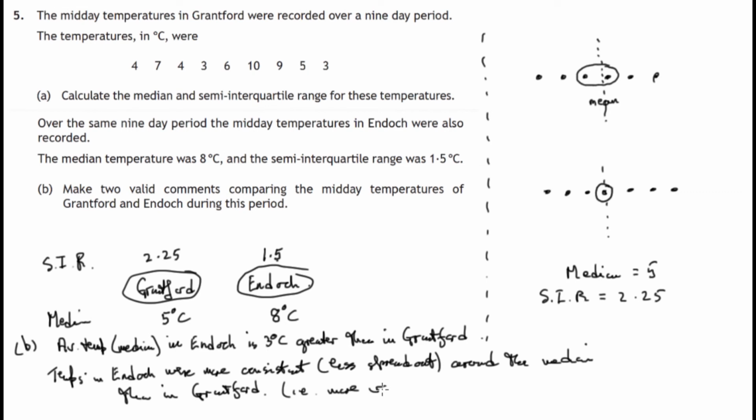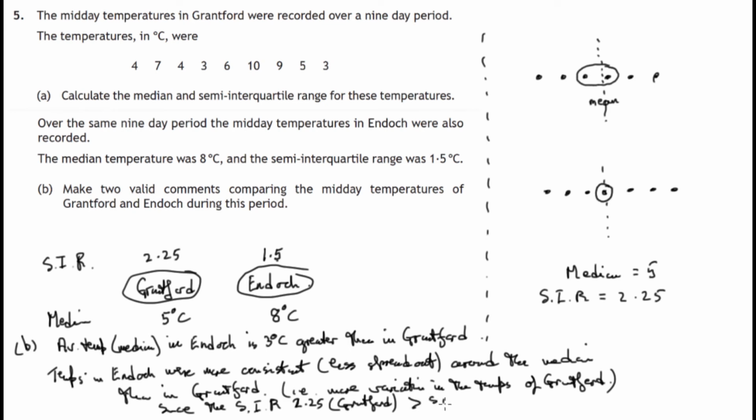More variation in the temperatures of Grantford, since the semi-interquartile range, 2.25 for Grantford, was greater than the semi-interquartile range, which is 1.5, for Endoch.